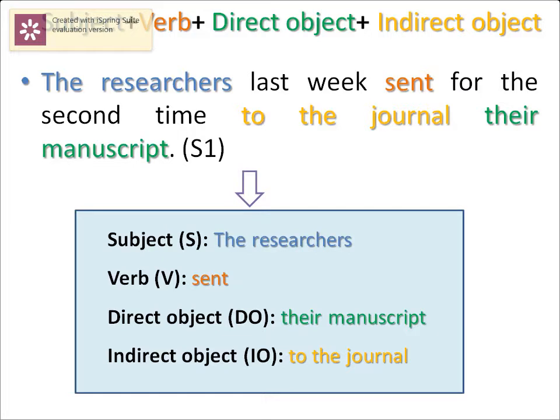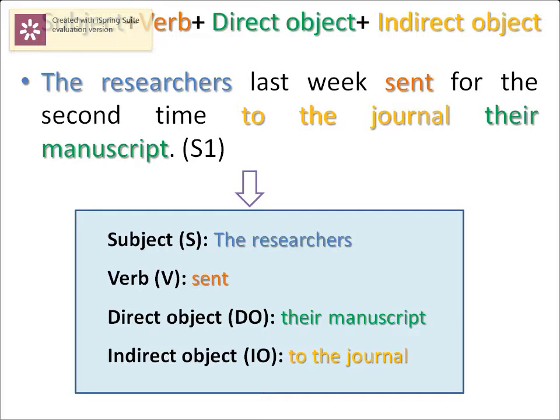Sentence 1 is written in incorrect English. The position of last week and for the second time is wrong. Moreover, the indirect object comes before the direct object. Sentence 2 is correct. Why? Because the basic structure is respected. The researchers sent their manuscript. Subject, verb, direct object.